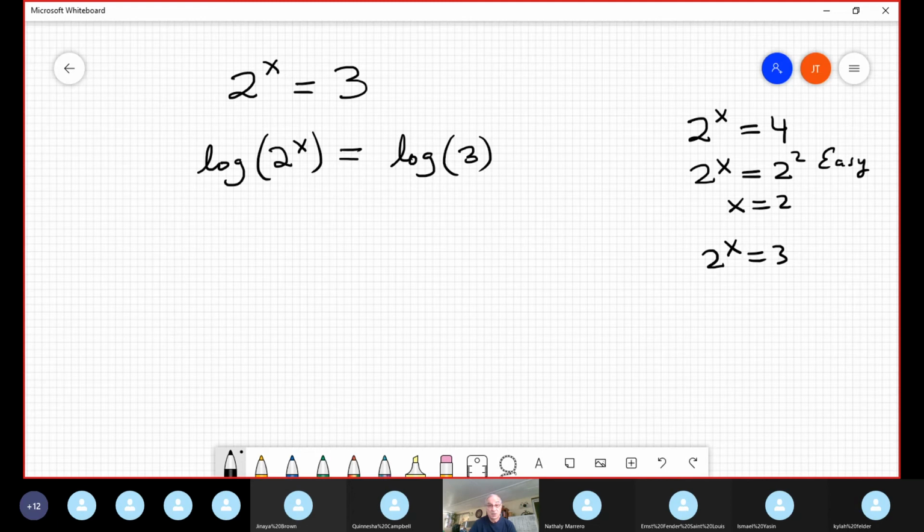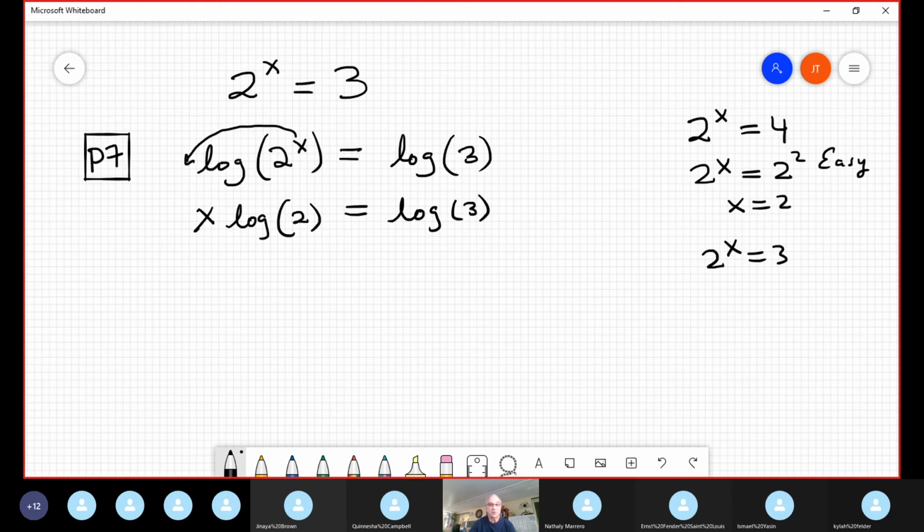So at this moment, I apply property number 7. Property number 7 allows me to put this exponent in the front as a factor. So my equation is something like that. This x goes in the front as a factor. Wow, fantastic, amazing. Look at that.